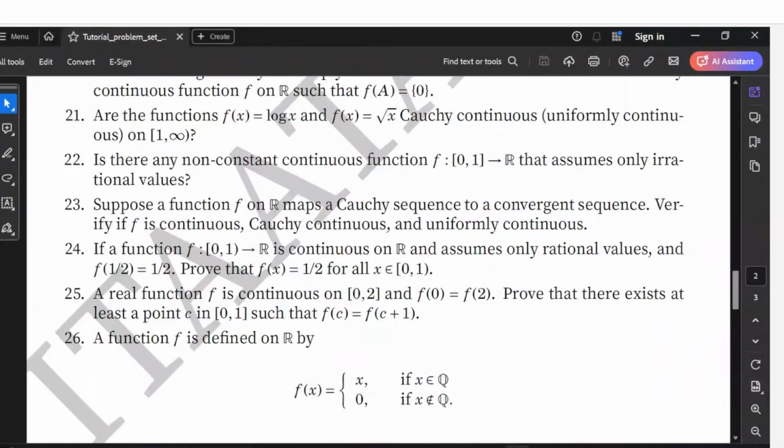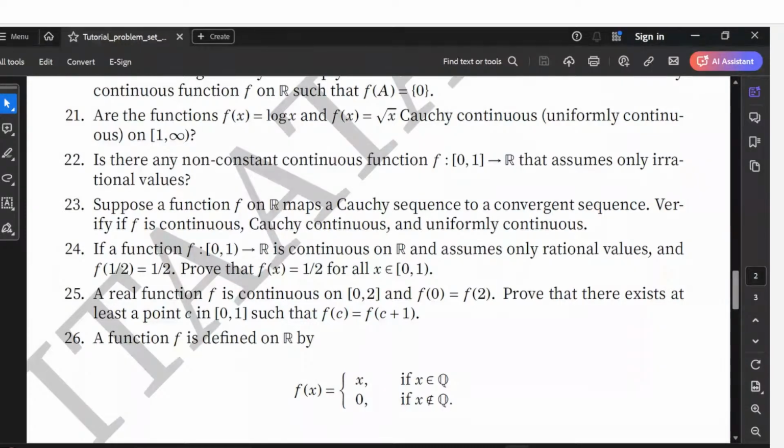Very quickly, we will discuss question number 22. These are questions especially using the intermediate value theorem. Is there any non-constant continuous function having only irrational values? No. Why not?